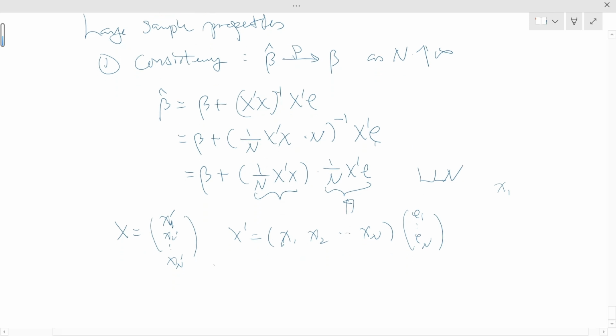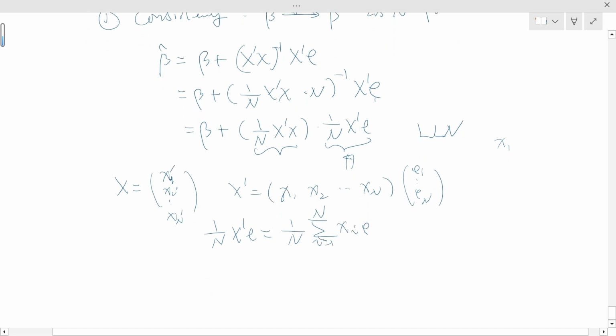So (1/n) X'e is just (1/n) times the sum from 1 to n of xi ei. We see that this quantity is the average of IID random variables, so we can apply the law of large numbers.